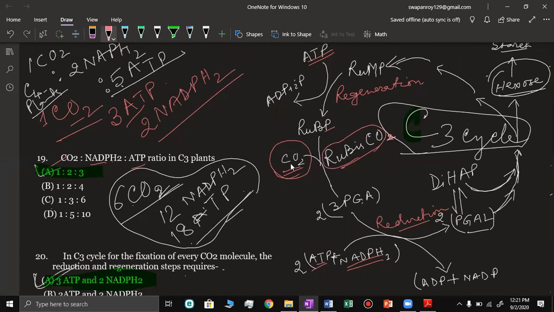Rubisco acts every time. RuBP is the carbon dioxide acceptor, and the first stable compound is 3-phosphoglyceric acid. This is a 3-carbon compound, and that is why this cycle, the Calvin cycle, is known as the C3 cycle.